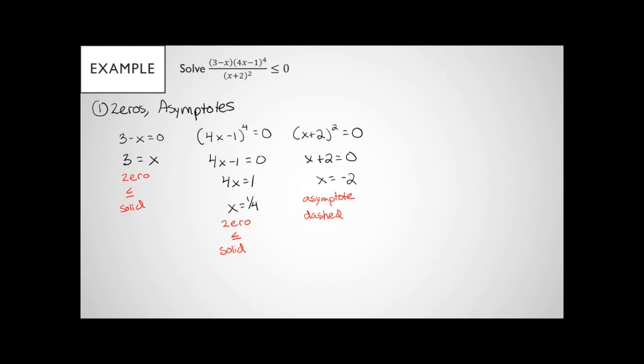I'm trying to figure out where I'm going to fit this. I will do my number line on the bottom here. So my three numbers, I've got a -2, I have a 1/4, and I have a 3.